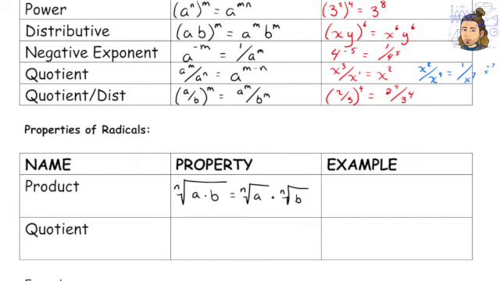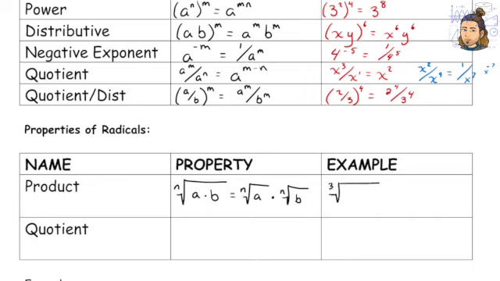So we can just separate that multiplication on the inside and turn it into 2 separate radicals. And that can be helpful sometimes when we're evaluating or solving, so that we can take each part and treat it separately. So let's look at this example.